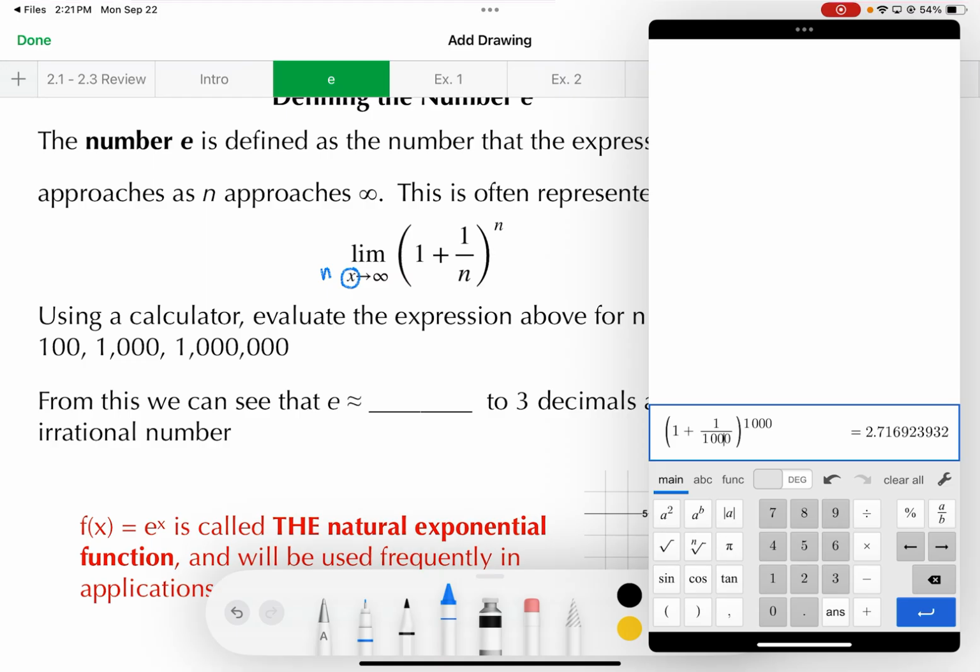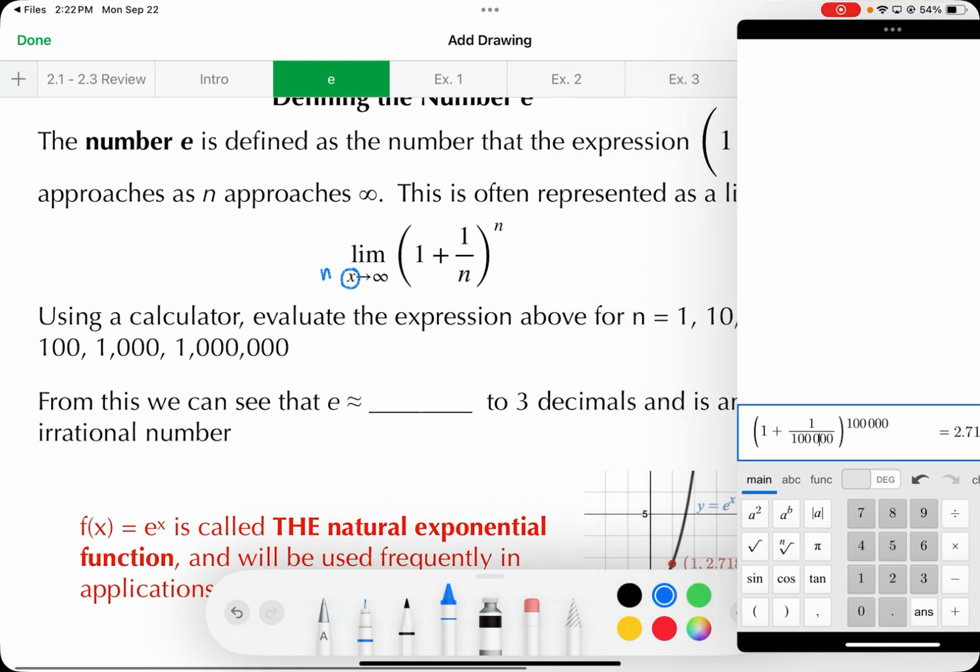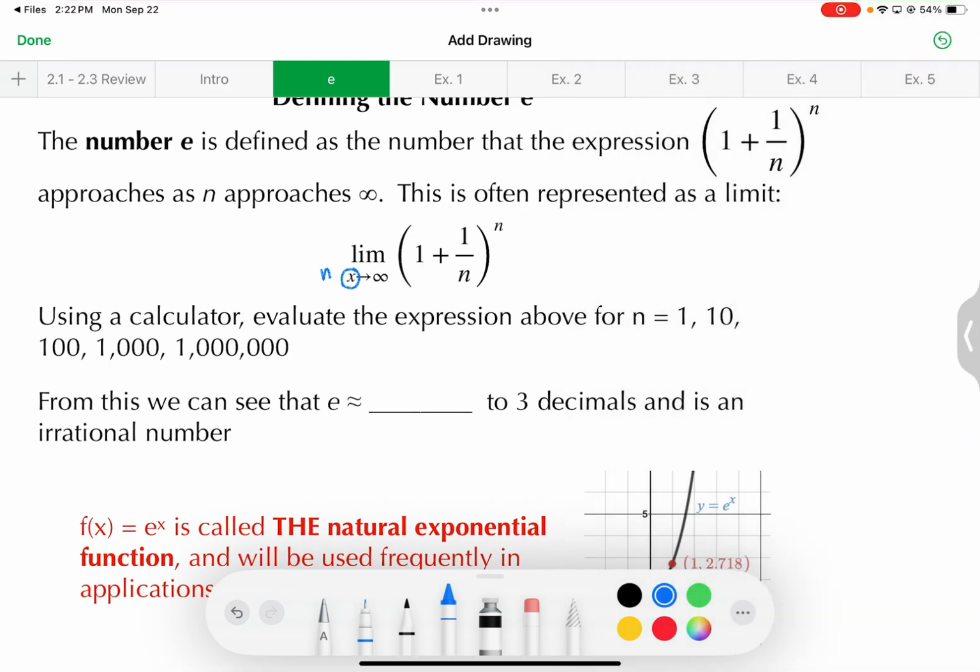We know it's about 2.7, okay, 10,000, 2.718, about 100,000, 2.718. So there you go. Tells me E is approximately, to 3 decimals, a value of 2.718.